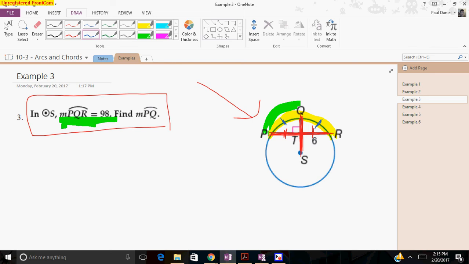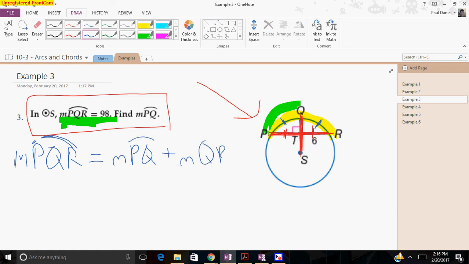So I know that PQR is the whole thing across. The measurement of arc PQR must equal the measurement of arc PQ plus the measurement of arc QR.